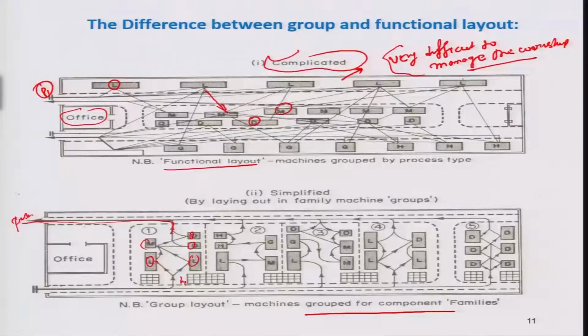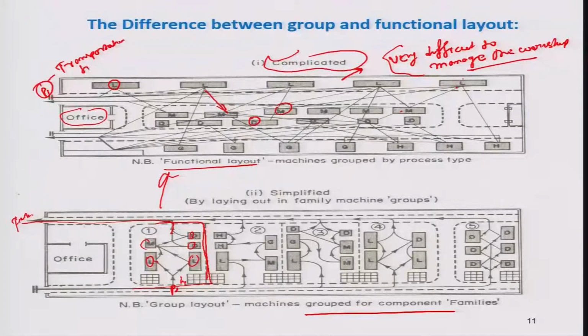Okay, so here you can see that it is very simplified. It takes very little space, and one part moves in a much smaller area as compared to the functional layout. Suppose one part enters here, it will go through there, then come out there, so it moves a lot. So transportation time is higher.